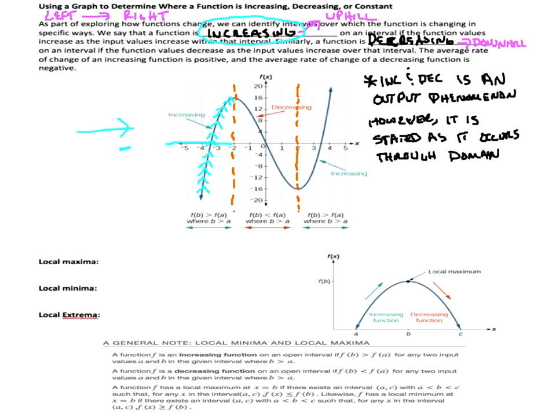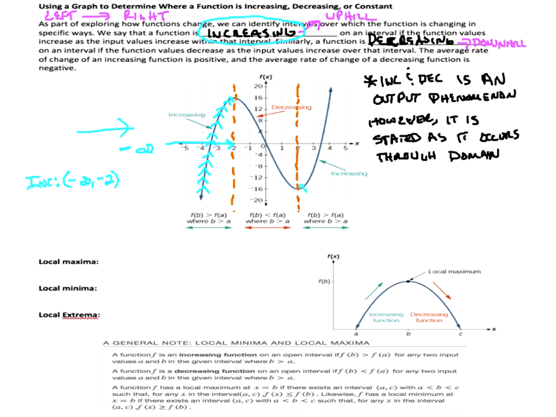Since I'm stating this through the domain, I come all the way out from negative infinity, increasing until I hit -2 in my x value. So my increasing interval goes from negative infinity to -2. Notice I wrote a parenthesis on both ends. It's non-inclusive, and I'll tell you why in a moment.